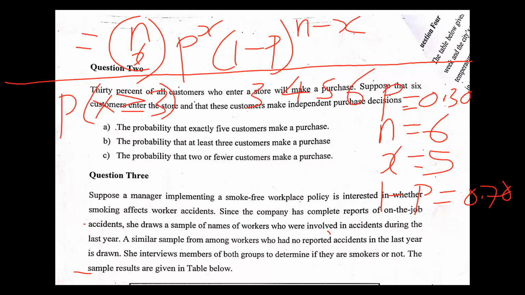And you know that the total probabilities from 0, 1, 2, up to 6, when you compute all these separately and add together, should be equal to 1.